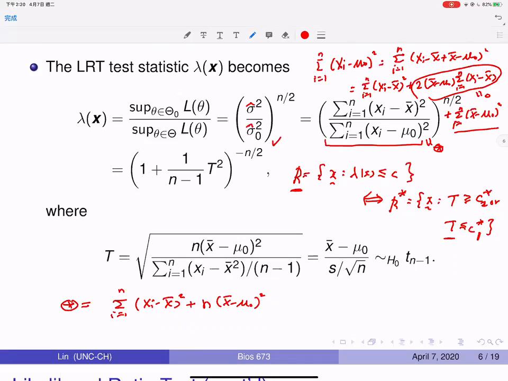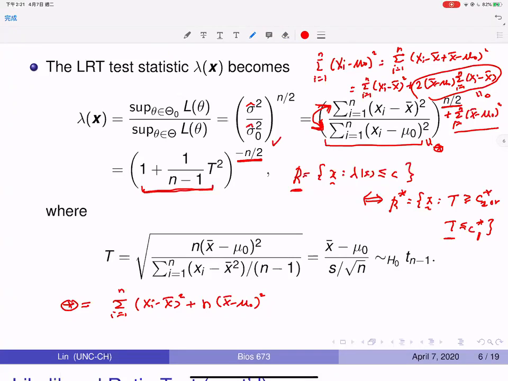And then I'm going to switch between numerator and denominator. As long as I switch these two guys, the power part is n divided by 2, then becomes negative. Okay? Good? Then as long as I switch, I will be able to work on the inside guy right here.